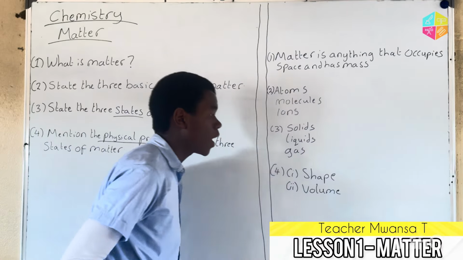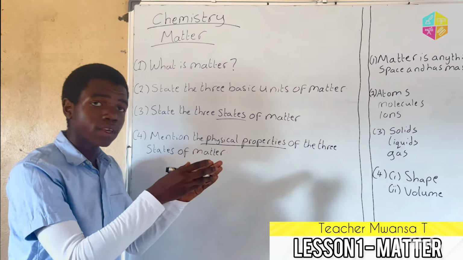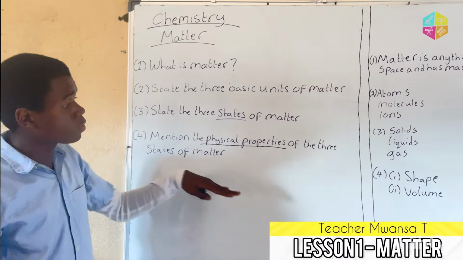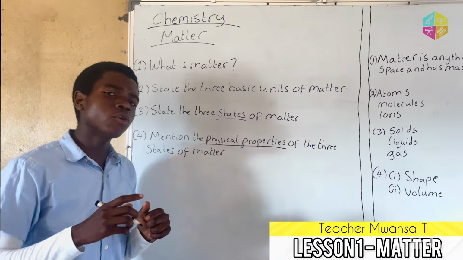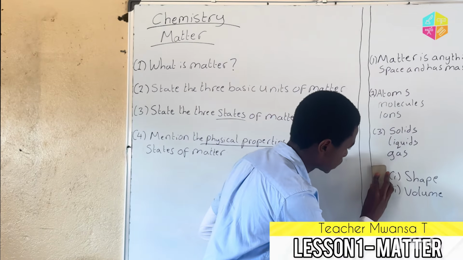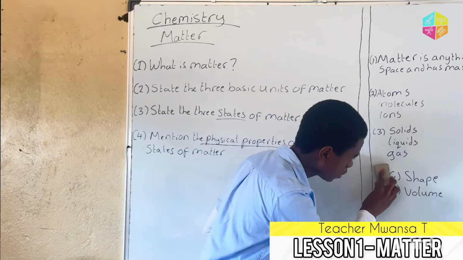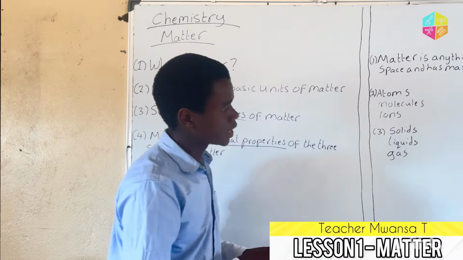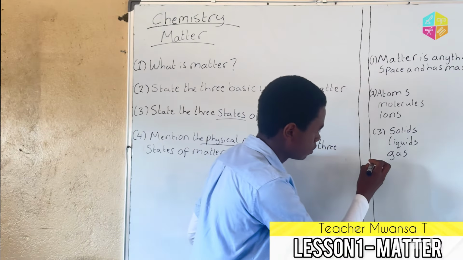So now one has to identify these physical properties for the three states. I'll show you a memory aid for this. Follow me carefully as I explain. Copy this down, then let me explain the memory aid that you can use.